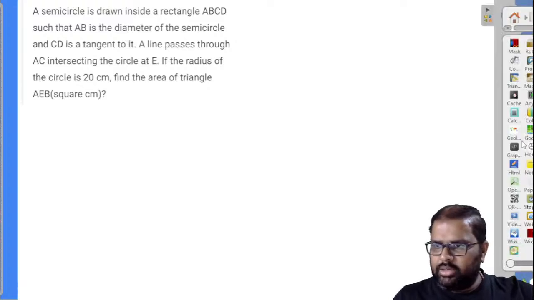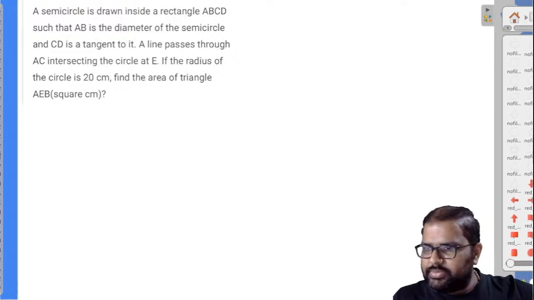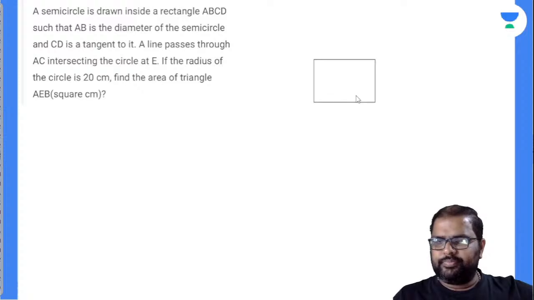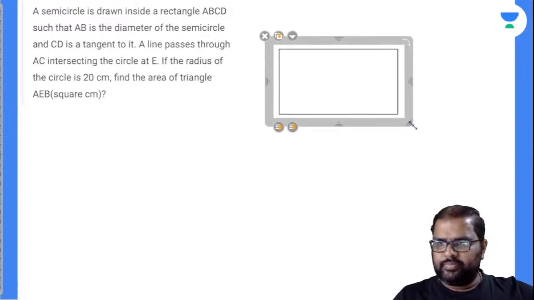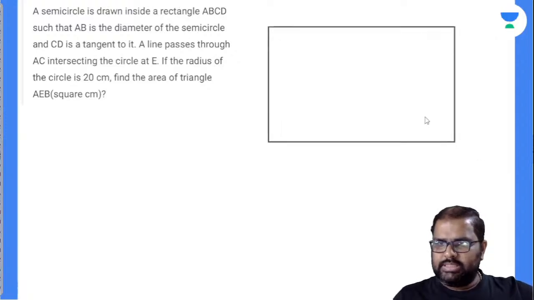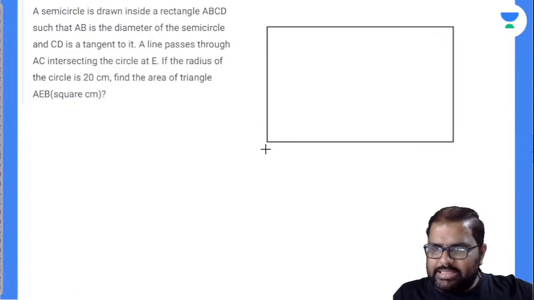How can it be 80? So the thing is, a semicircle is drawn inside a rectangle, it seems. So first I will take a rectangle out. So this is a rectangle. AB is the diameter, it seems.